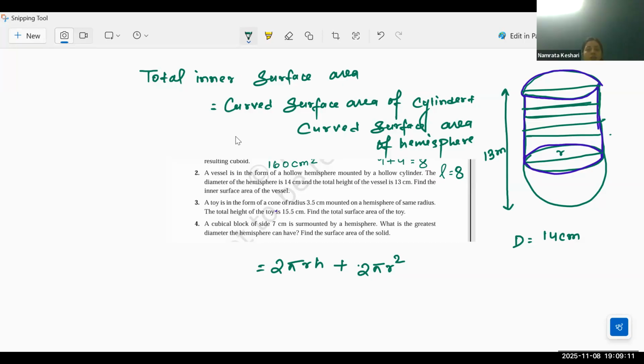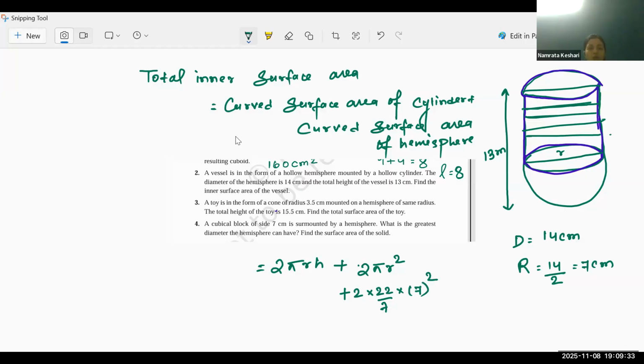Now for the hemisphere, the diameter is 14, so the radius will be 14 by 2, that means 7 centimeter. You can take pi as 22 by 7. Radius is 7.